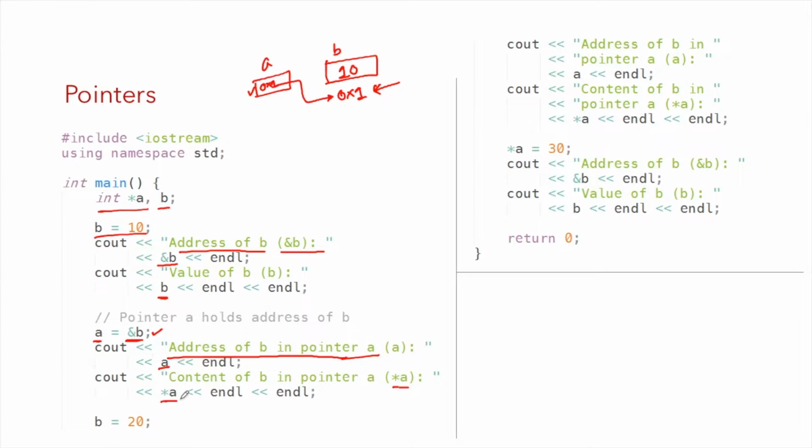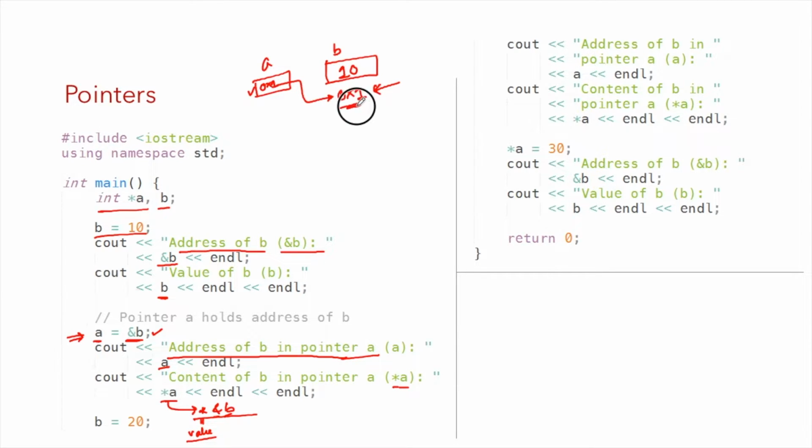To understand star a, we can just simply replace it with star ampersand b. Why b? Because of this particular statement, because a is pointing to the address location of b. Now to read this value, we simply replace star with the keyword value. So value at address of b.